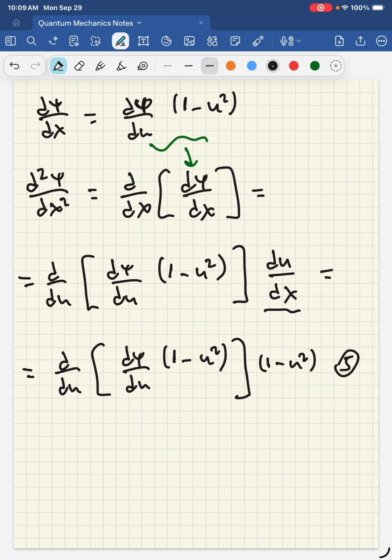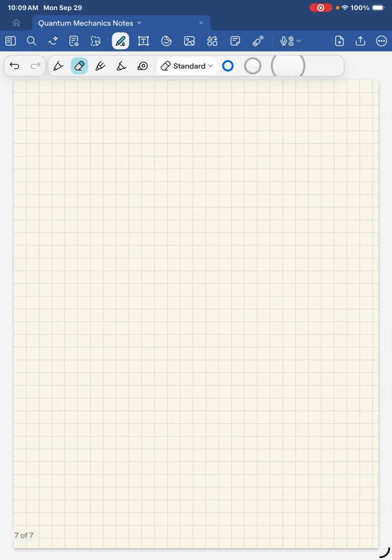Now, using all these relationships that we found from 1 through 5, we get the following. Let's use a clean page.